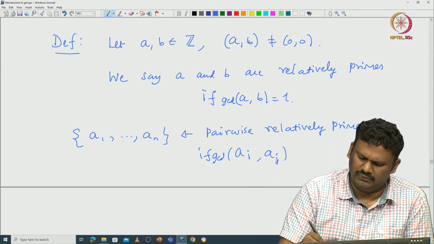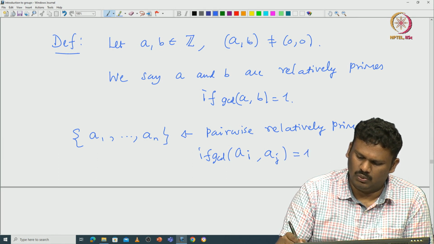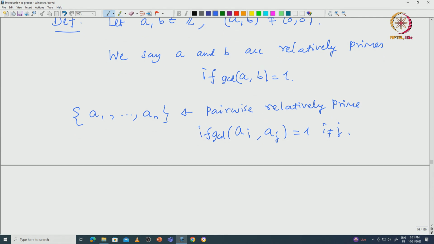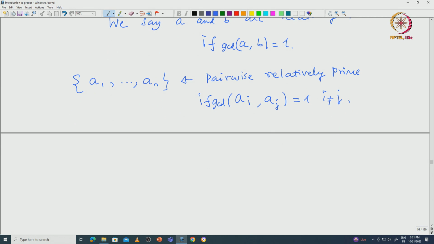The GCD of ai, aj is 1 for all i not equal to j. So this also can be called relatively prime in pairs. Okay. So suppose the GCD of A comma B is 1. So this can be expressed by saying that A and B are co-prime, or A is prime to B. So all these terminologies are used in the literature.